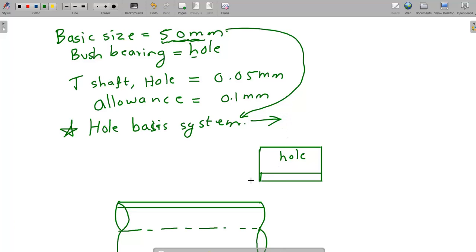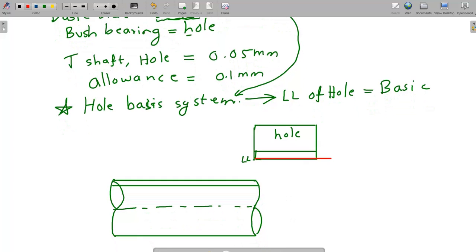So the lower limit of a hole is always equal to basic size. So this particular distance is 50 mm.